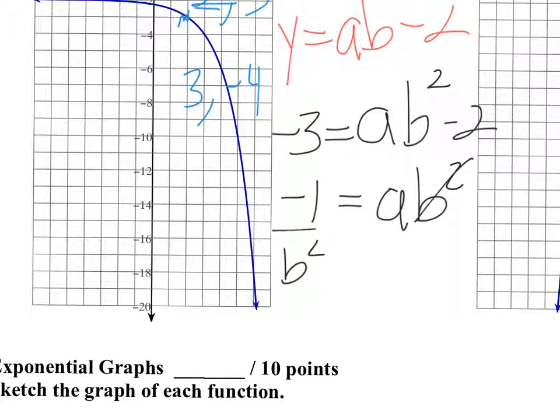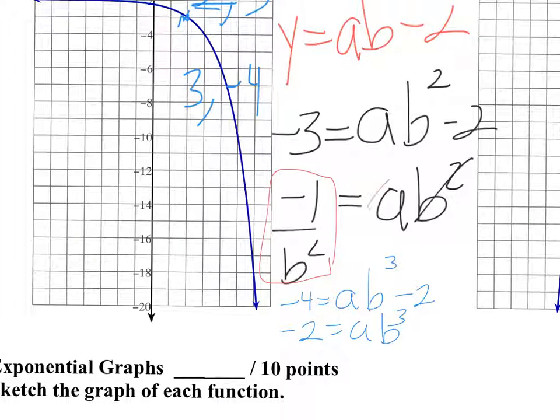Okay, looking at my next piece, so then we're looking at my other point. -4 is equal to a b cubed minus 2. So -2 is equal to a b to the third. I got that a is equal to -1 over b squared in my previous problem.